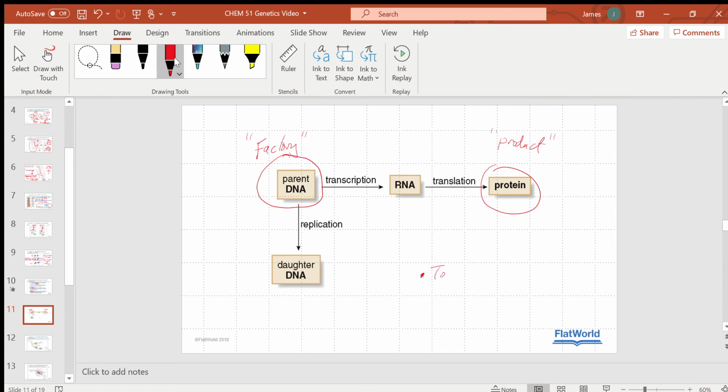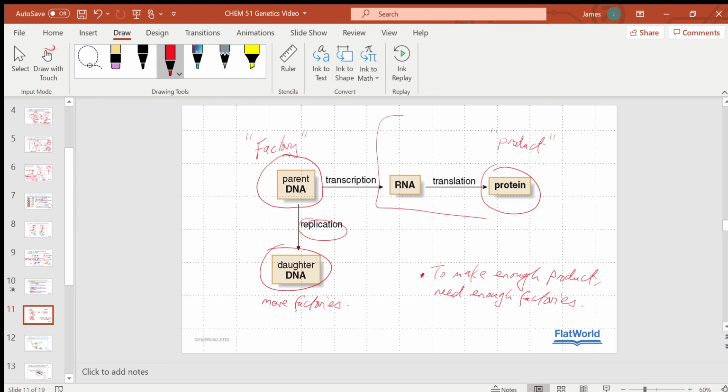So to make enough product, we need enough factories. So we have to replicate and make more factories. So DNA has to be able to replicate itself, and then once there's enough of it, it has to be able to start the transcription phase to RNA and essentially translate that to protein.